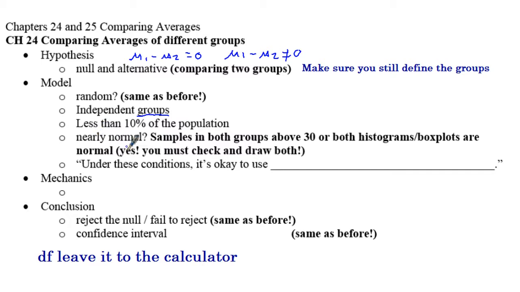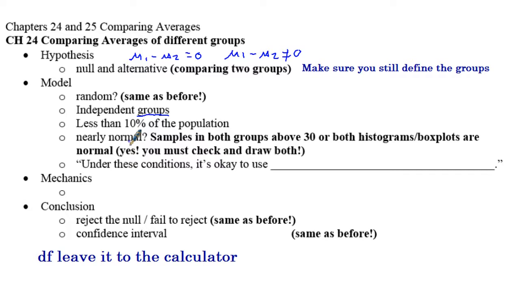For the nearly normal condition, those rules still apply: we either need to know that each group has above 30 people for the sample size to be large enough, or we need to be told that they are normally distributed. Or, if I give you data and it's less than 30 pieces of data, you have to look at the histograms or box plots of both groups, and yes, you have to check them both and draw them both.